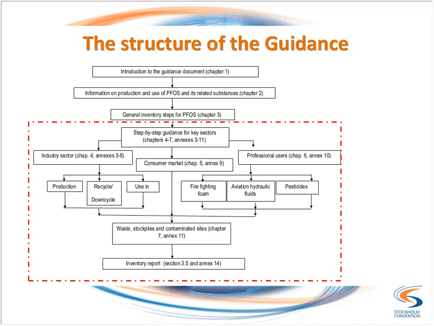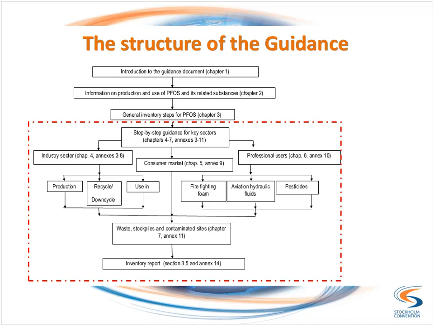And in this regard, this is also a general methodology, the stepwise methodology for inventory taking. The different guidance documents have exactly the same structure, as I was mentioning before, but the collection and compiling of data is where you will find the main differences. If you see chapters 4 to 7, you have the different sectors. The industry sector, for example, in chapter 4, where production, recycling, and the use of these chemicals are presented.